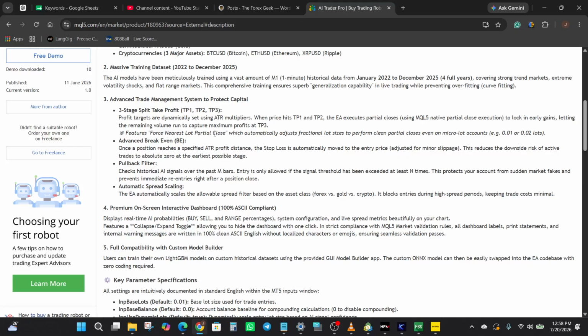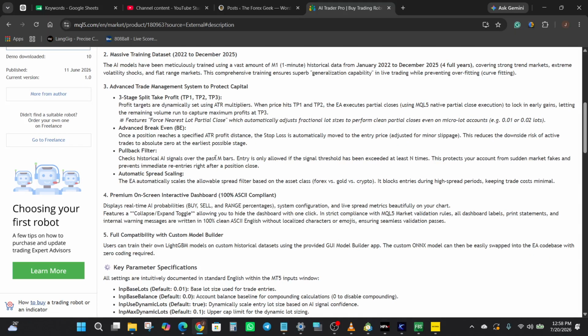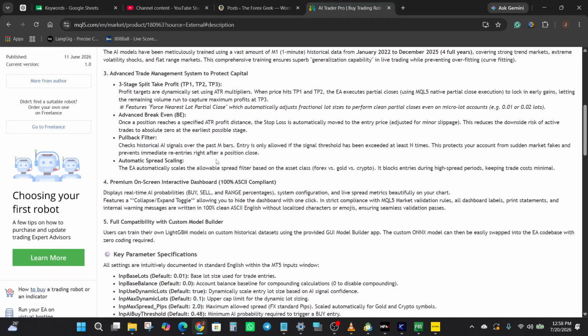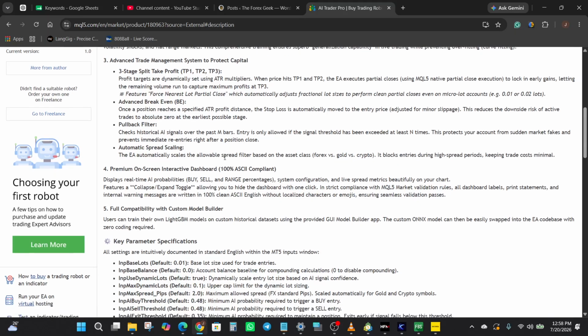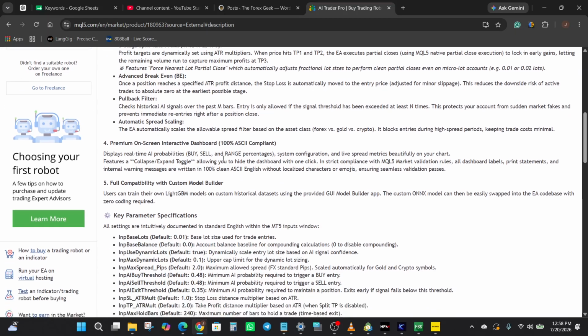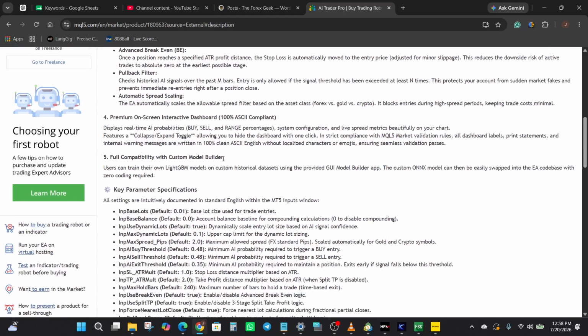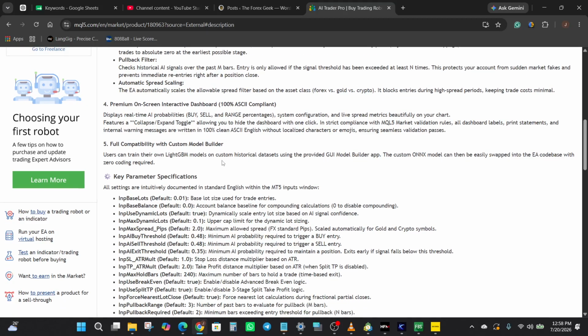There is also an advanced break-even function that moves the stop to entry once a set ATR distance is reached, and a pullback filter that checks recent AI signal history before allowing a new entry, meant to avoid immediate re-entries after a position closes. Spread filtering scales automatically depending on whether the symbol is Forex, gold, or crypto.